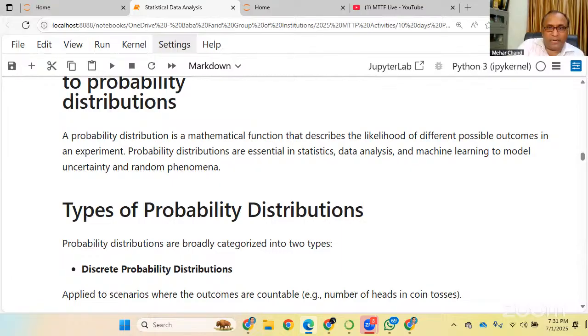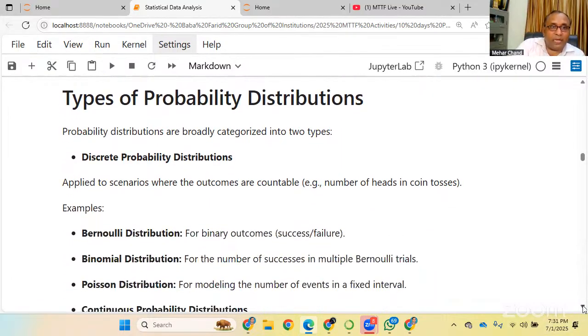Mainly there are two types. One is the discrete probability distribution, which involves the Bernoulli distribution for binary outcomes: success or failure. There will be two possibilities, either success or failure.